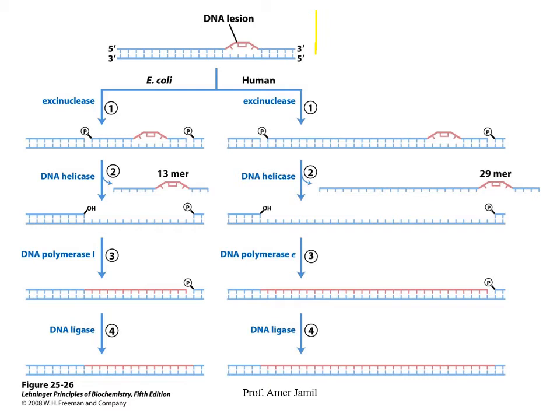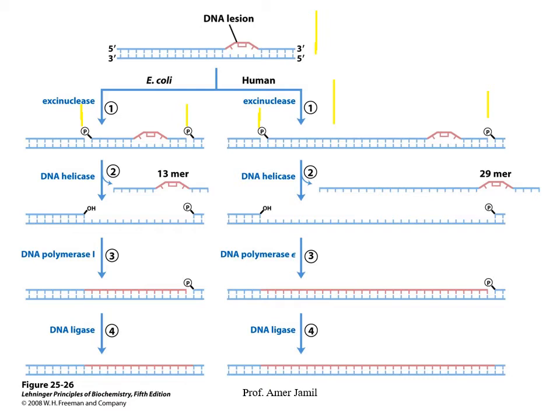In case of a lesion, there is an exonuclease enzyme, and this enzyme makes two cuts on two sides of the lesion. As you can see in case of humans, here and here, and in case of E. coli, here and here.